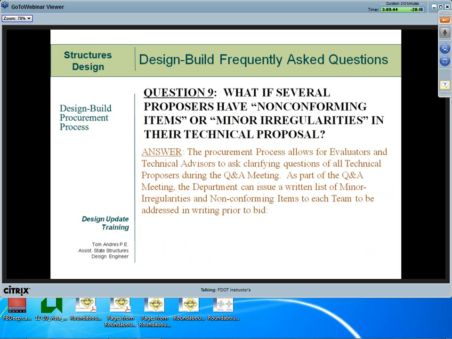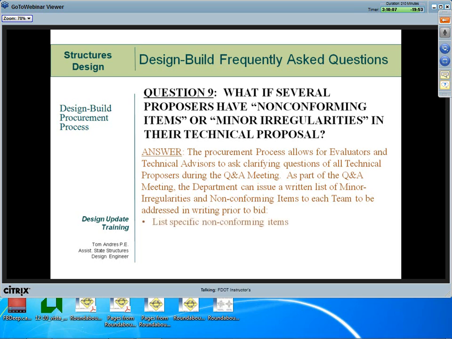Question number 9. What if several proposals have non-conforming items or minor irregularities in their technical proposal? The procurement process allows for evaluators and technical advisors to ask clarifying questions of all technical proposals during the Q&A meeting.